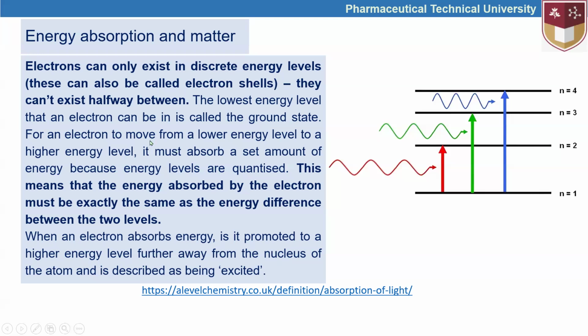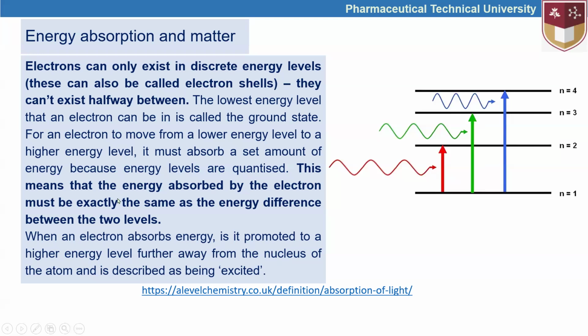For an electron to move from a lower energy level to a higher energy level, it must absorb a set amount of energy, because energy levels are quantized. As indicated here, when electrons move from the ground state to the excited shells, they absorb energy. Without some extra energy, we cannot expect their jump into the higher levels.